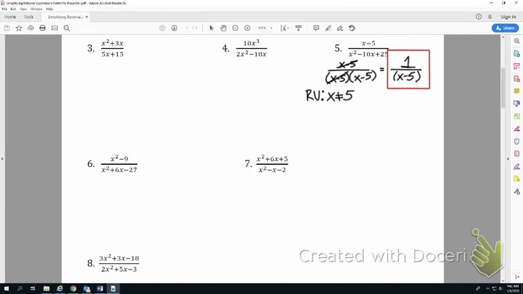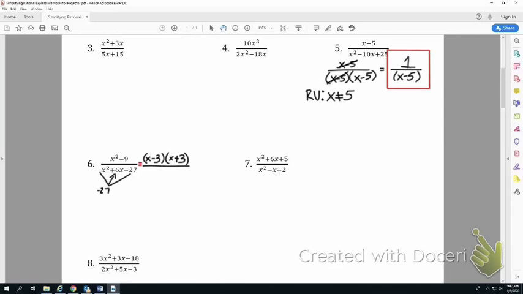Going down to number 6. What two factors is x squared minus 9 going to give me? It's one of those situations we saw in the warm-up. X minus 3, x plus 3. Okay, the denominator, I've got all three terms. So I can do the pyramid. So I've got 1 times negative 27.